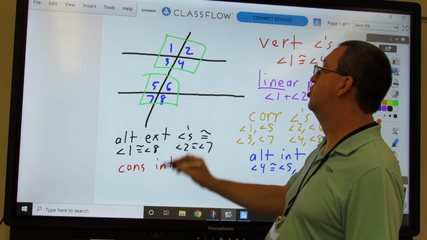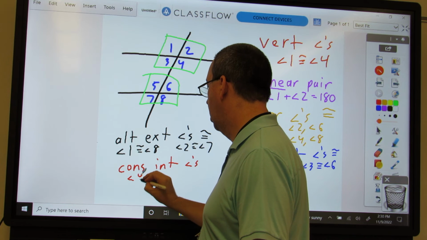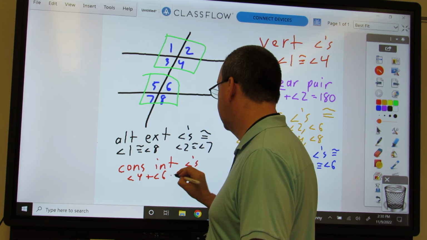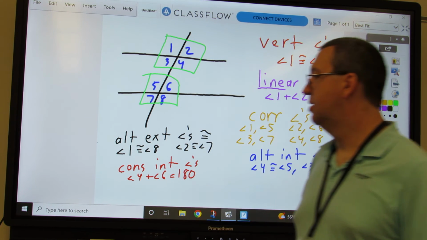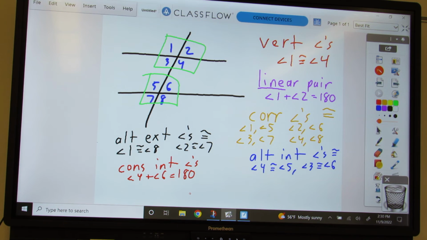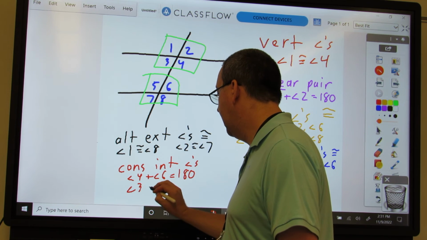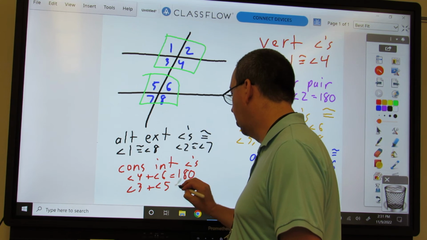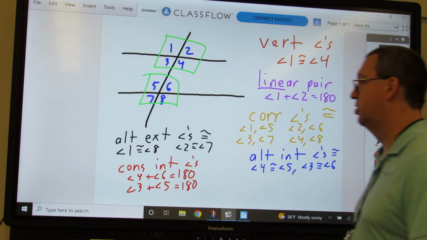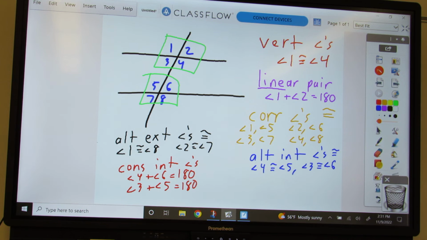So angle 4 plus angle 6 is 180 degrees, because angle 4 and angle 6 are consecutive interior angles. Same thing, angle 3 and angle 5 are consecutive interior angles. So they add up to 180.